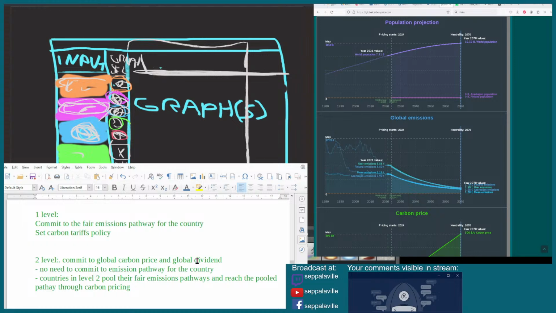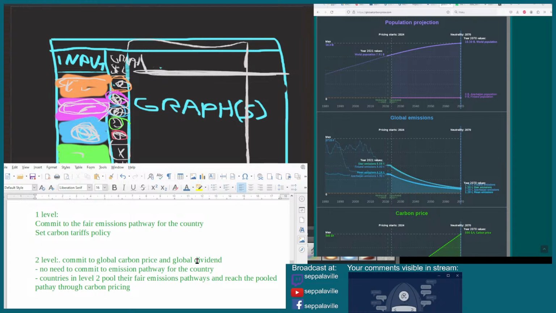It would be more efficient, because they could basically choose whether to pay for the emissions or reduce them.